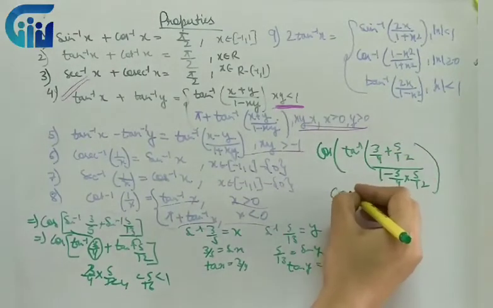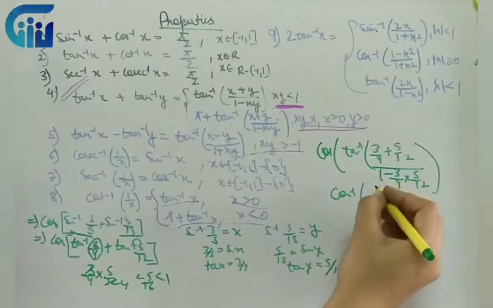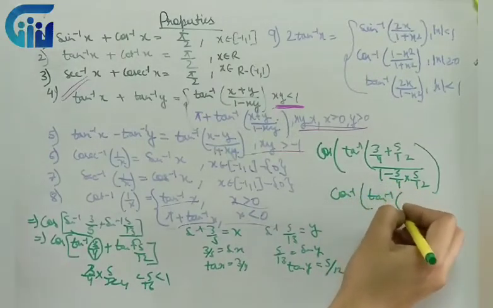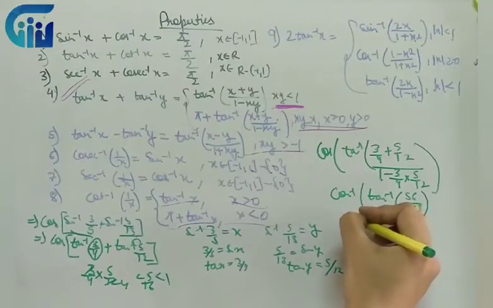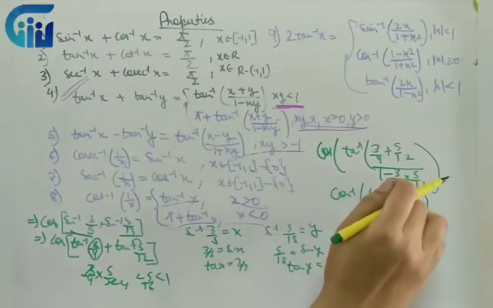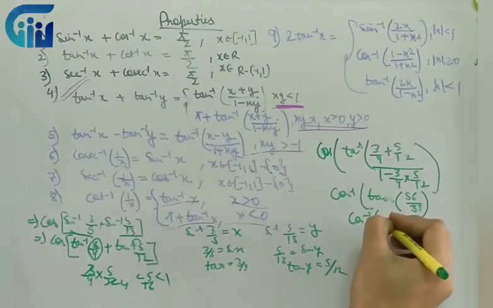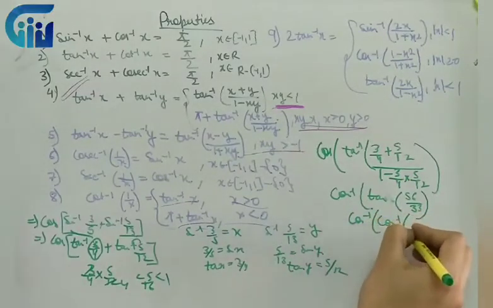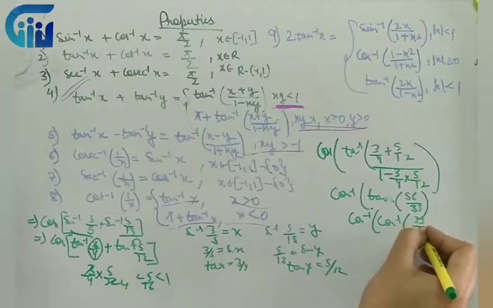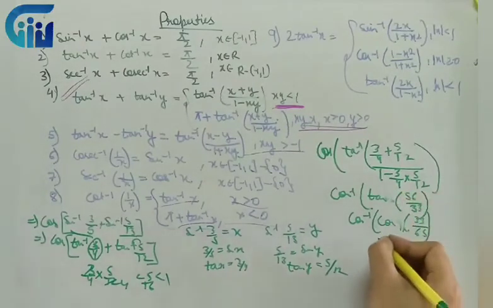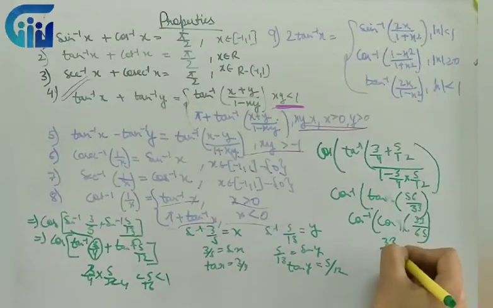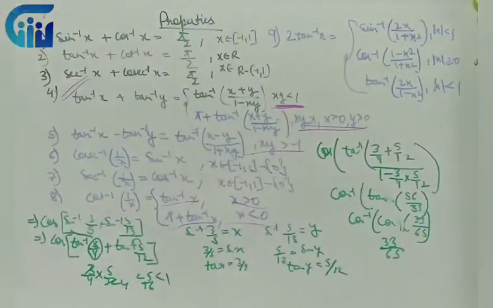So this will be cos tan inverse of 56 by 33 if I solve it up. Then I'll change it to cos inverse, that will be 33 by 65, and cos inverse will get cancelled, so 33 by 65 will be the answer, right?